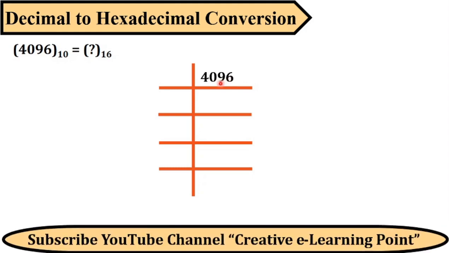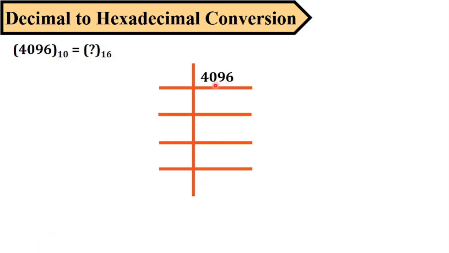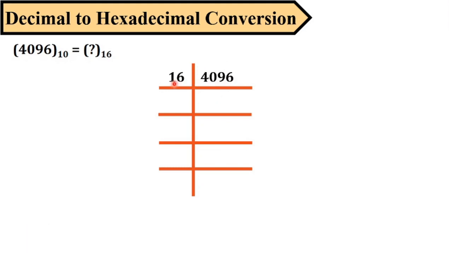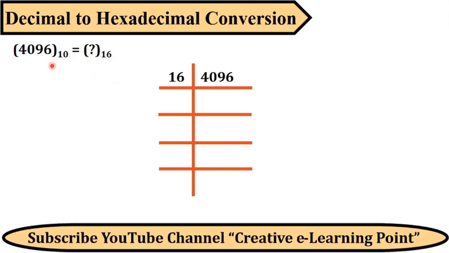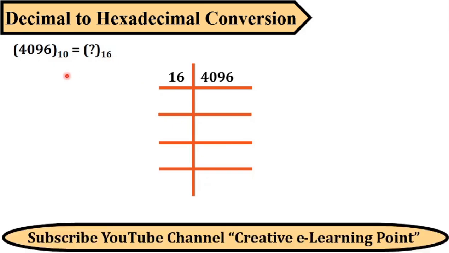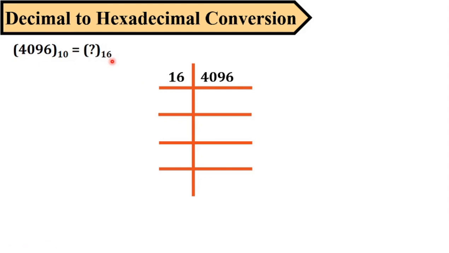We will take 4096 and divide it by the base of the hexadecimal number system, that is 16. For converting any decimal number into a hexadecimal number, we need to divide that decimal number by the base of the hexadecimal number system.